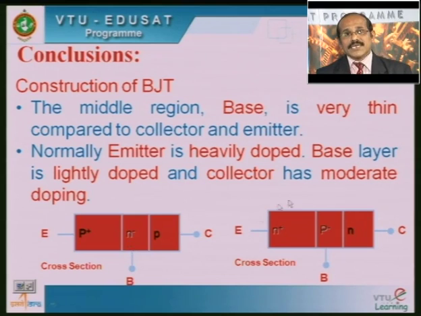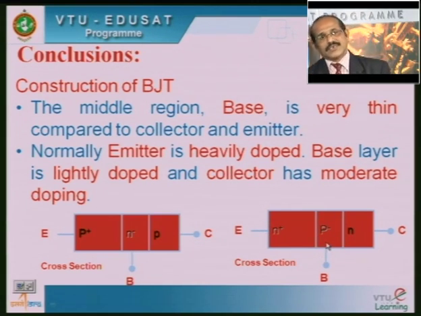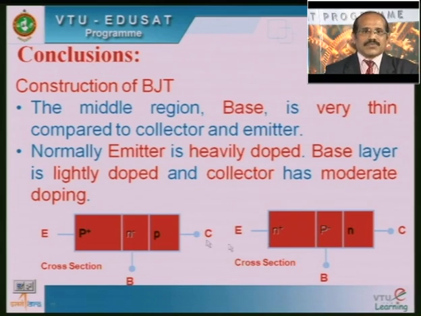Similarly in the NPN type, N plus acts as the emitter and P minus acts as the base, whereas N acts as the collector. Here also the N plus emitter region has more width, whereas the P minus base region has lesser width compared to the others.